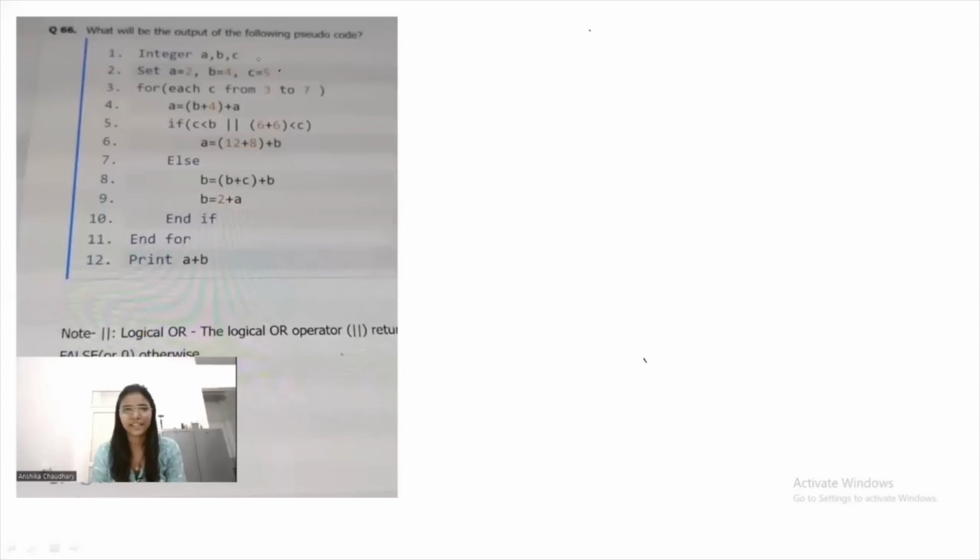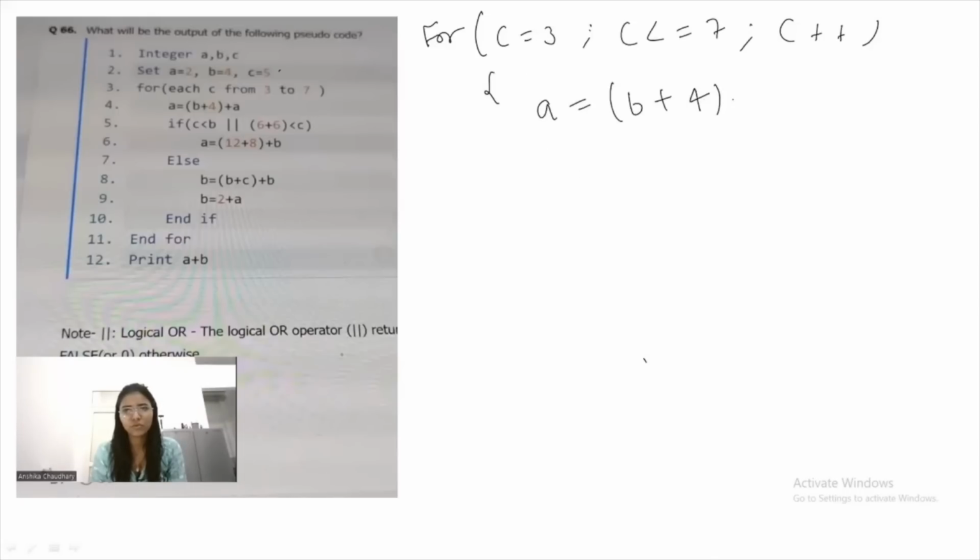Here are some integers a, b, c, and we are giving some values to them. Then in line number three, what we are doing here is a for loop, and the c value will start from 3 and it will go up to 7, c plus plus. Now in the for loop, we have to update the value of a by b plus 4 plus a.